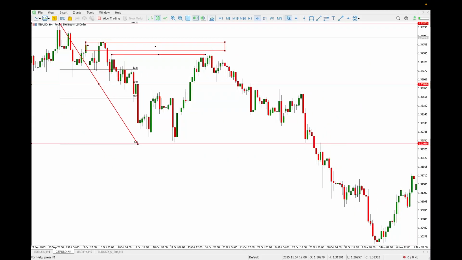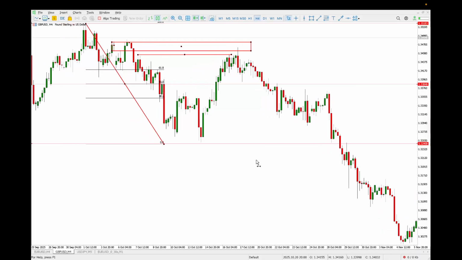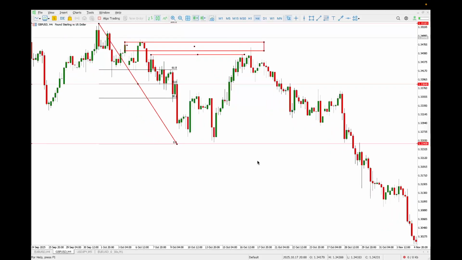So it's very simple. Now this ICT dealing range suits traders who want to structure their analysis around a clearly defined price leg instead of isolated candles, helping them judge where price is trading in premium or discount relative to that move. It is an analytical framework that does not execute trades.